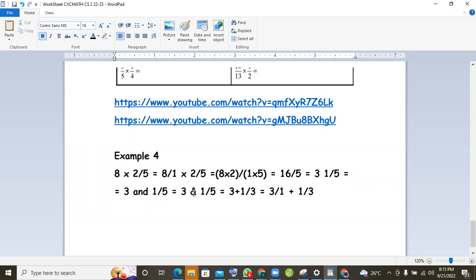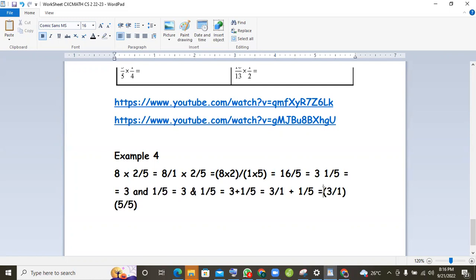The italics, and that's where our plus sign comes out. 3 plus 1/5. Now, if you add 3 over 1 plus 1/5, you're going to get back the 16 over 5, because you're going to multiply 3 over 1 by 5 over 5.